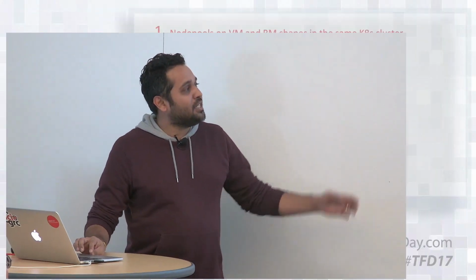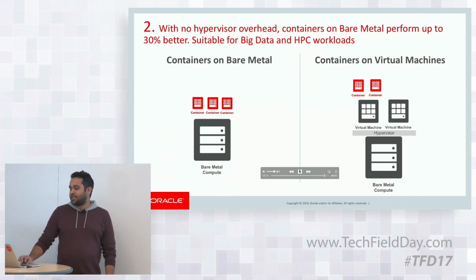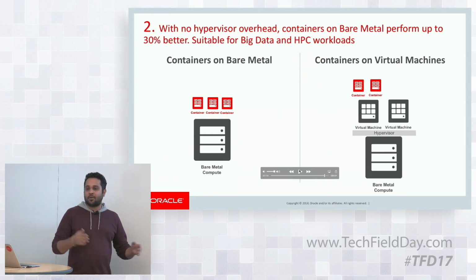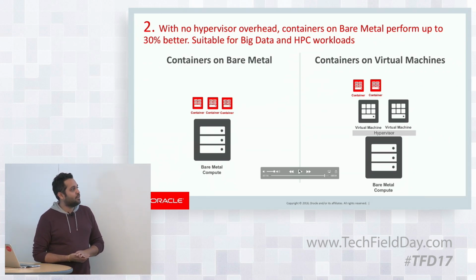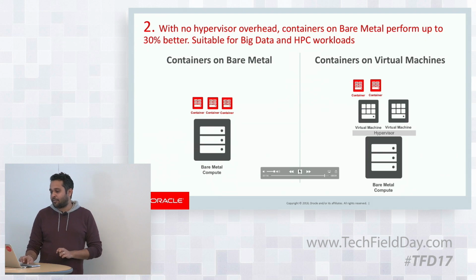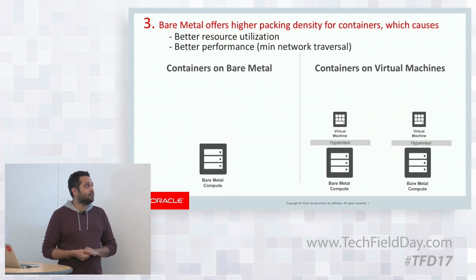So this is basically highlighting that we can actually run virtual machines and bare metals in the same cluster. And over here, what this says is, with no hypervisor overhead, we get up to 30% performance benefit, right? Containers on bare metal perform 30% better. And that's really suitable for big data and HPC jobs, as we just saw right now.